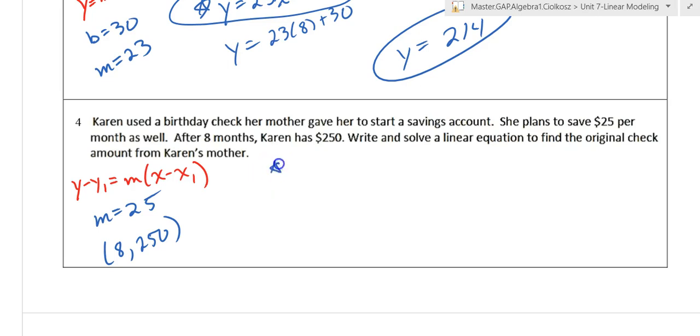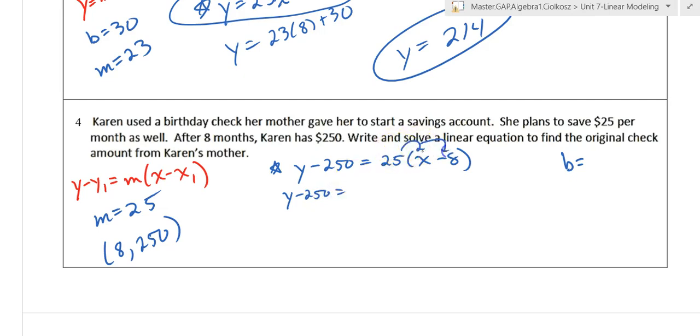So writing our equation, now we're going to write and solve, because we're going to find the original check. Original is like starting. So what we need to do is find what B is.